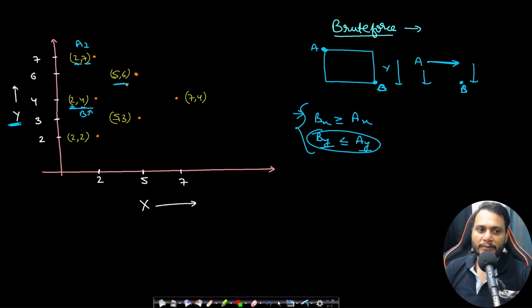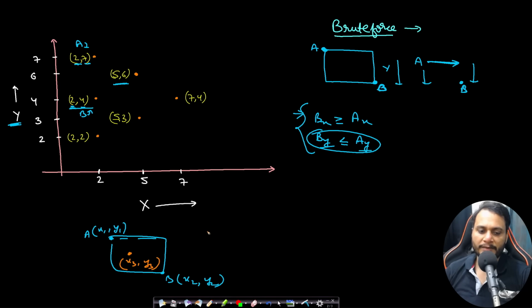So if you iterate for 5, 6, you need to check if it is lying inside this rectangle. And how do you know that? If you have a with some x1 comma y1 coordinate, and b with some x2 comma y2 coordinate, how do you know if a point lies inside this rectangle or not? Let's say a point here, x3 comma y3.